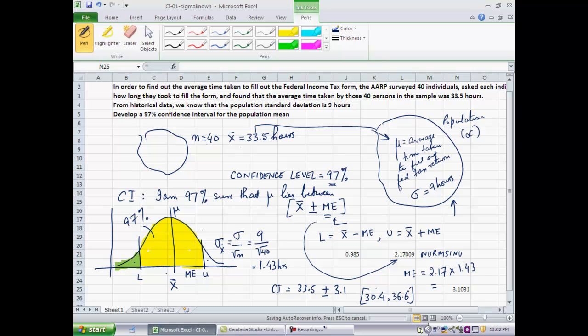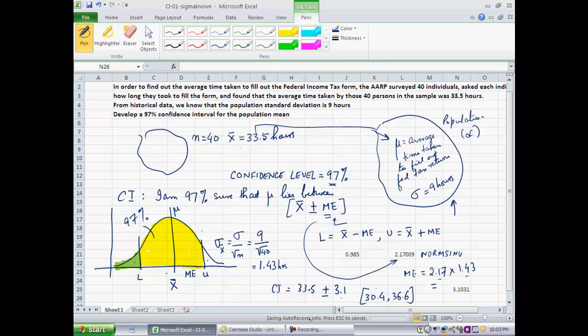So if I want to be 97% sure, the fact that the sample mean is distributed normally with this standard deviation tells me that my margin of error has to be 2.17 standard deviations large. And since one standard deviation is 1.43 hours for this specific problem, my margin of error is 3.1 hours.